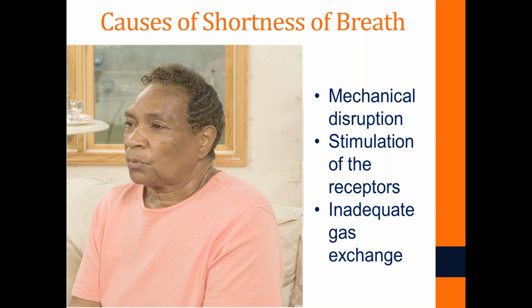Now, when we talk about stimulation of receptors, inside of our body, everywhere, there are receptors that are reading the amount of carbon dioxide in our blood and the amount of oxygen in our blood.